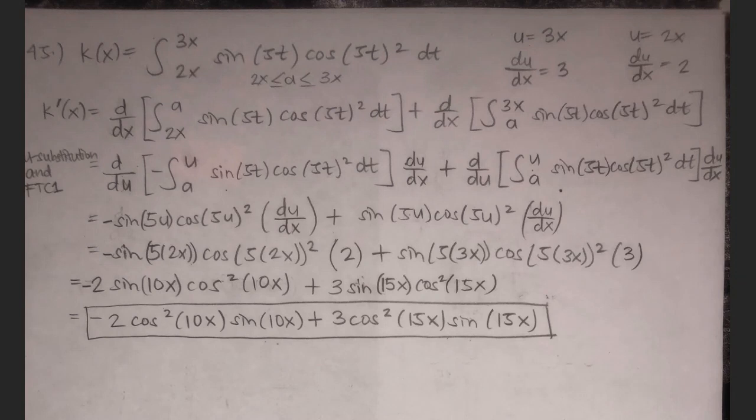And then we substitute 3 and 2 for du over dx for both sides. And then we simplified and get negative 2 cosine squared 10x times sine 10x plus 3 cosine squared of 15x times sine of 15x.